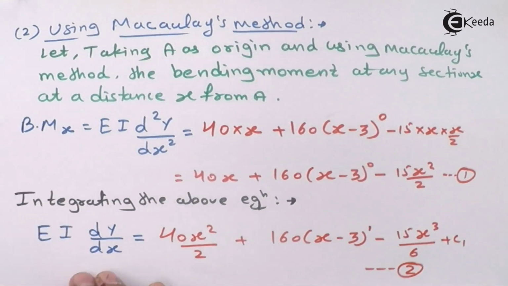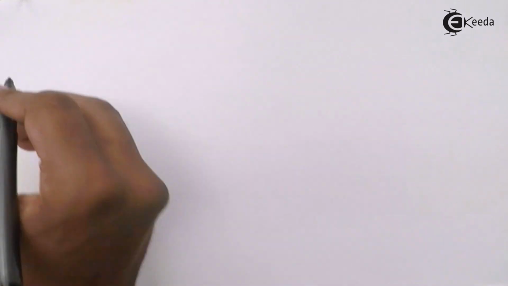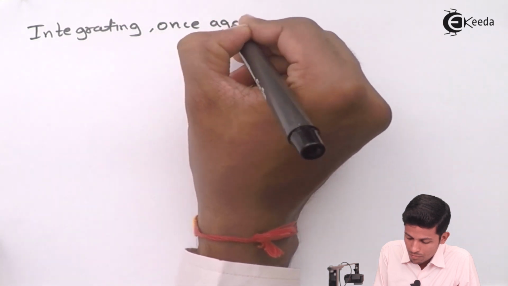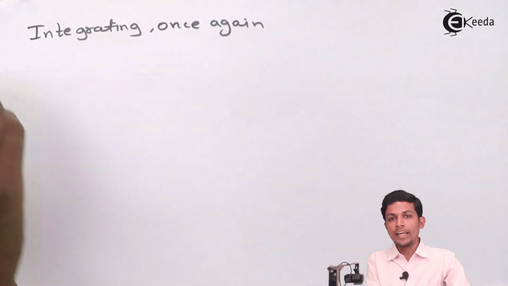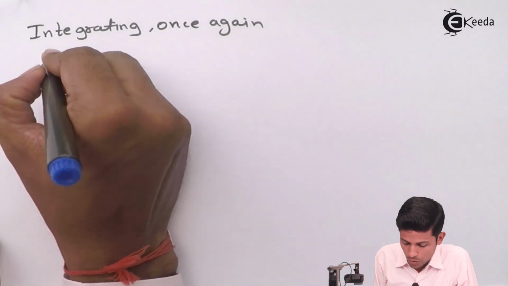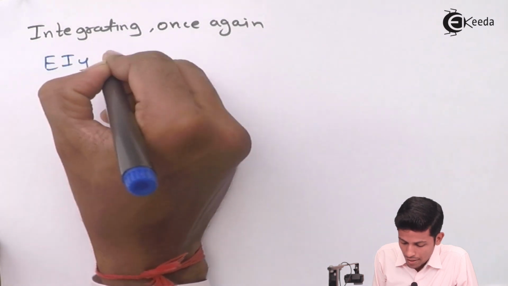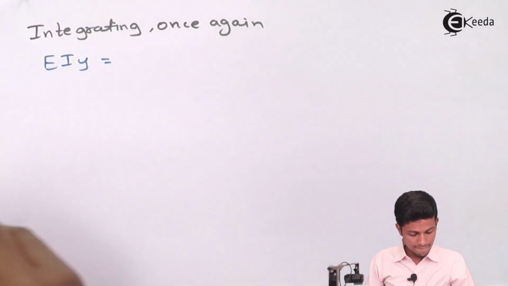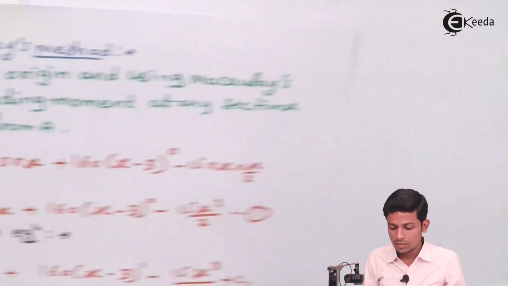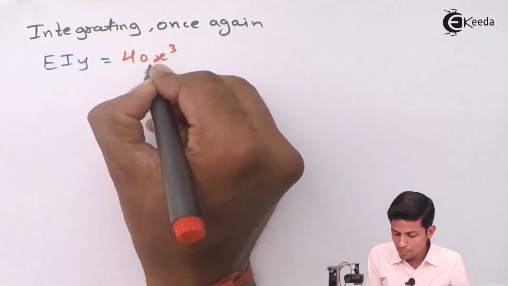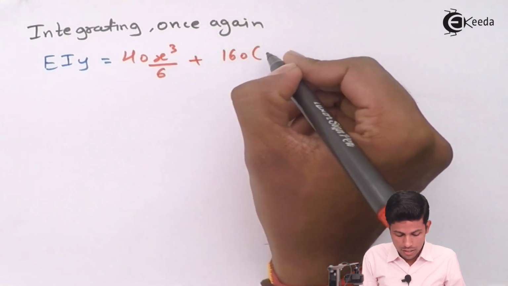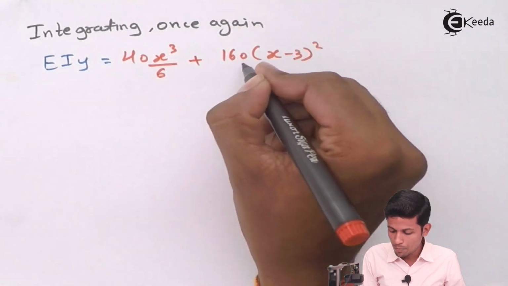After that, integrating once again. What value do you get when you integrate again? You get EI y equal to 40x raised to 3 upon 6, plus 160 into (x minus 3) raised to 2 upon 2.